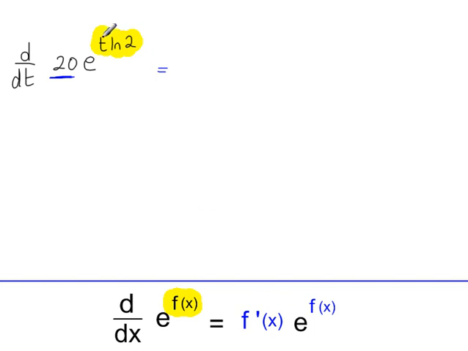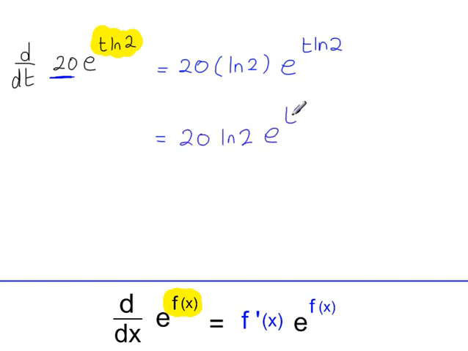And if we differentiate t times ln 2, we get ln 2. And then we multiply by the original function, which was e to the power of t ln 2, and then not forgetting to multiply by the 20, like this. The brackets aren't doing anything there, so it's 20 ln 2 times e to the power of t ln 2.